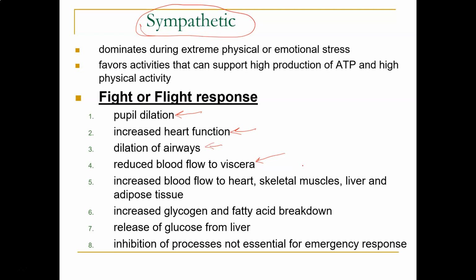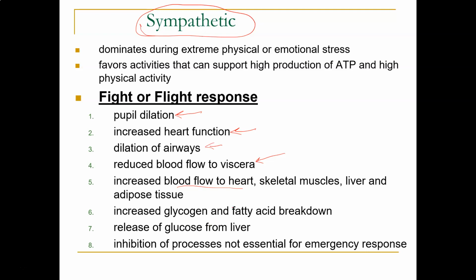If you're in an emergency, you don't really want to be worrying about digesting your lunch or removing waste products from your kidney as much as you want to worry about getting lots of glucose and ATP to your muscles and moving your blood around quickly. So you're going to increase blood flow to your heart, your skeletal muscles, and your adipose tissue. You're going to break down stored glucose. So you'll release it, for example, from your liver and from your adipose tissue.